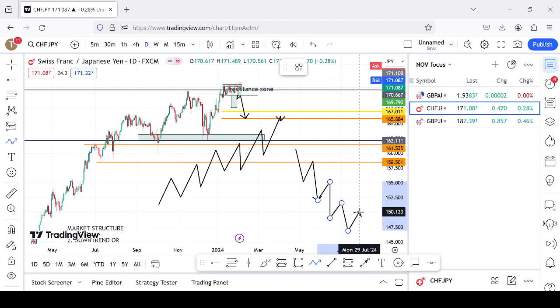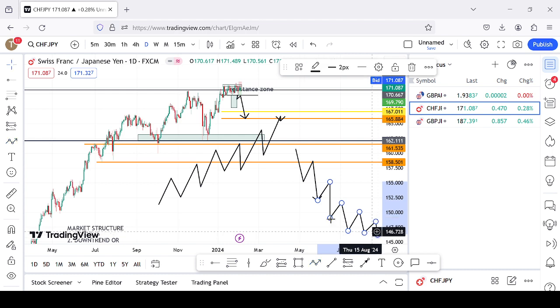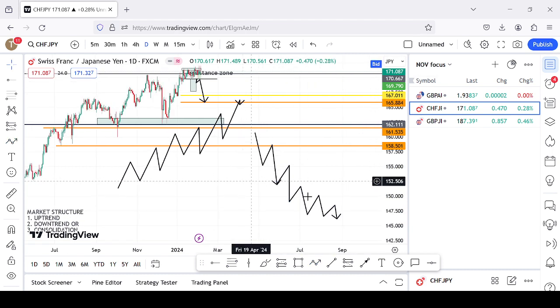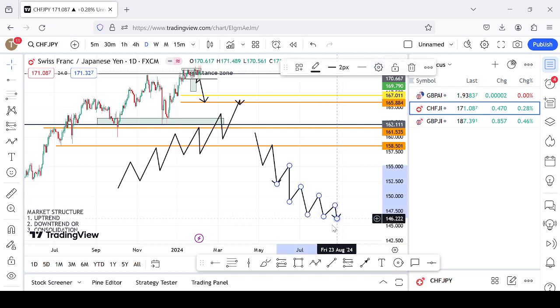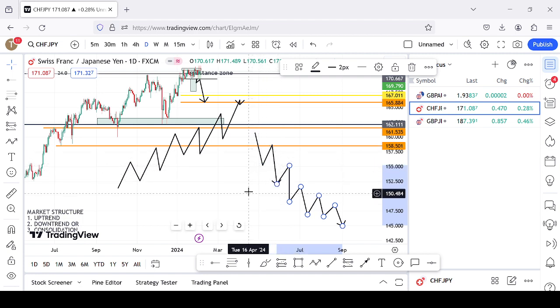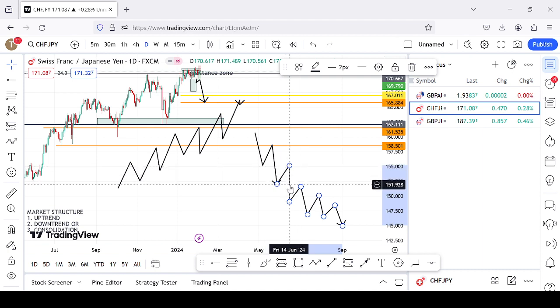So you can see this market here is forming what I can call the downtrend. It's breaking lows, forming a new high, a lower high. It's high, but it's lower than the high before it.